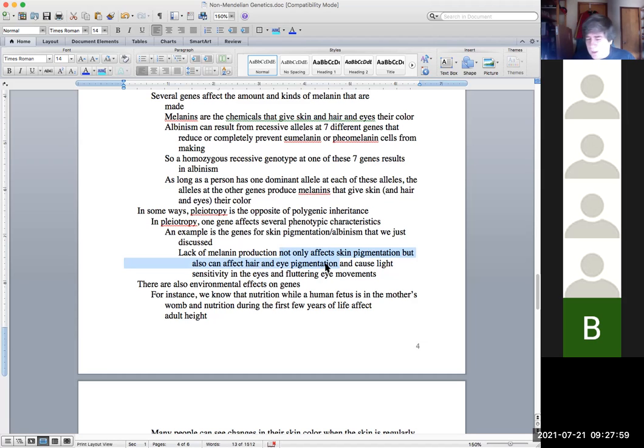And in fact, one of the problems that albinos who have this condition have to be careful about is they're much more susceptible to basically burning their retina, the back of the eye, which is where the cells are that detect light. So they're much more susceptible ultimately to going blind and to getting cataracts and things like that.